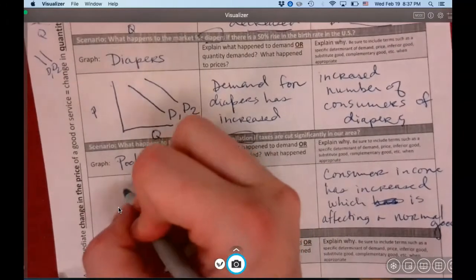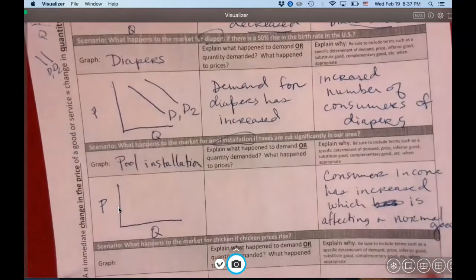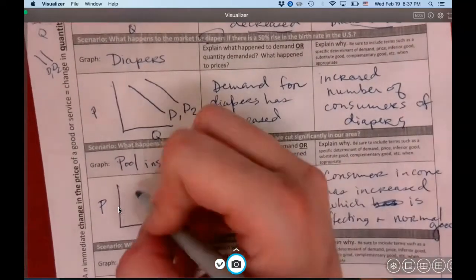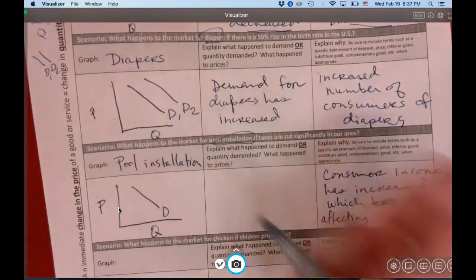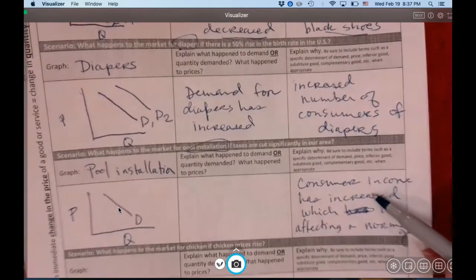Okay, and so then what would that do to the demand for pool installation if all of a sudden this normal good, people have more money?